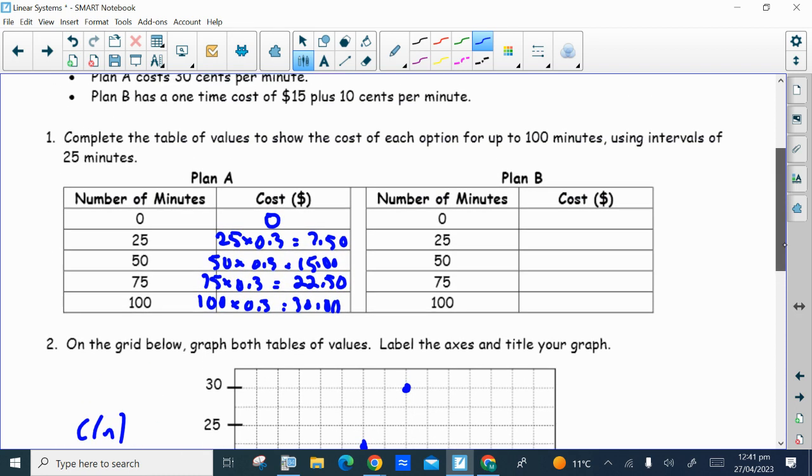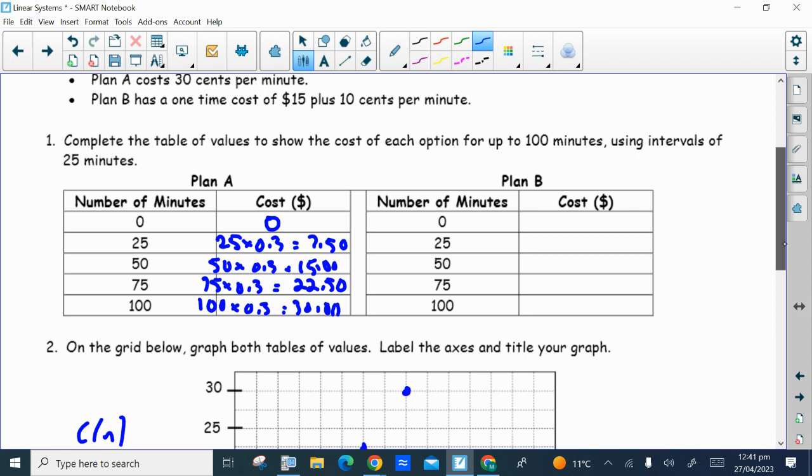Now, Plan B, a one-time cost of $15, which means you pay $15 every month at least, no matter what, and then an extra 10 cents per minute. So for this plan, even if there's no minutes used, it's still going to cost $15. And then for 25 minutes, it's your $15 base fee plus 25 times 0.10 for 10 cents a minute.